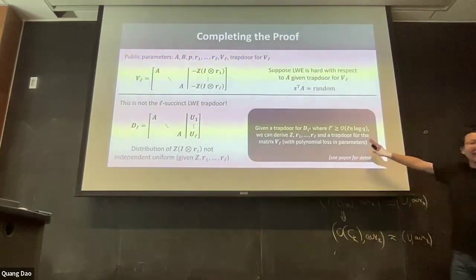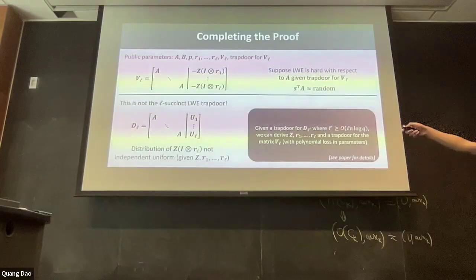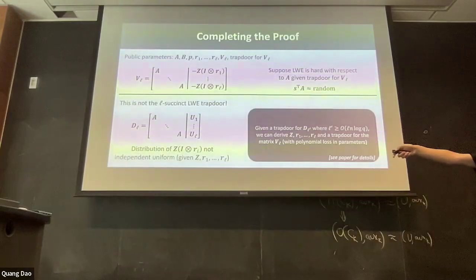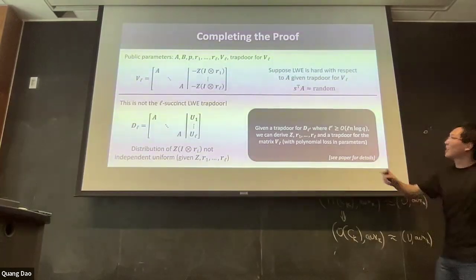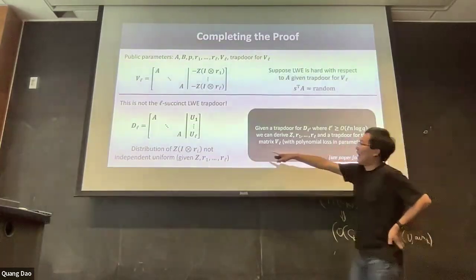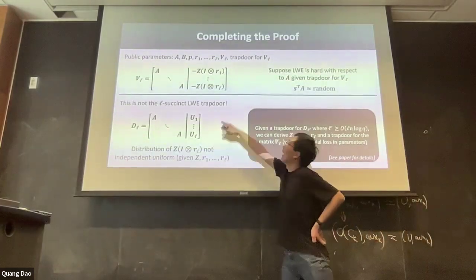Here, I'm going to just tell you to trust me that given a trapdoor for the L-succinct LWE problem, I can generically transform it into a trapdoor. For this particular problem, there is some loss in the dimension. So we want L dimensions here.